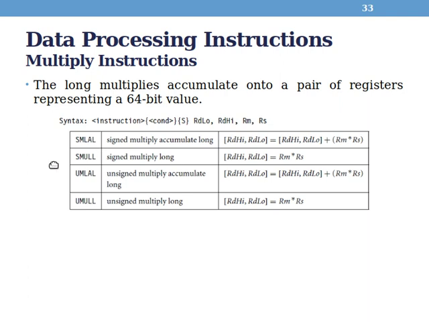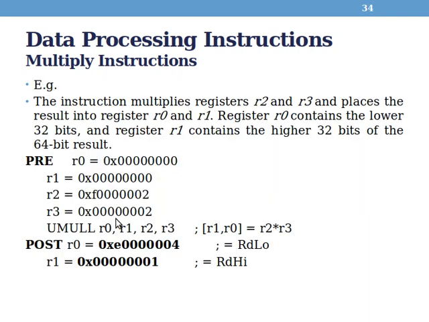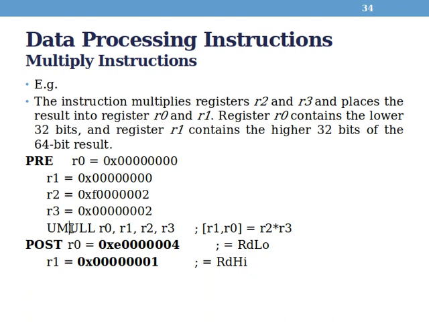We've already gone through this. Let's go with an example now. Before execution, R0 is 0 and R1 is 0. You can see the example UMULL. The moment you see U unsigned, MUL multiply, L long, it means there are two destination registers, R0 and R1.